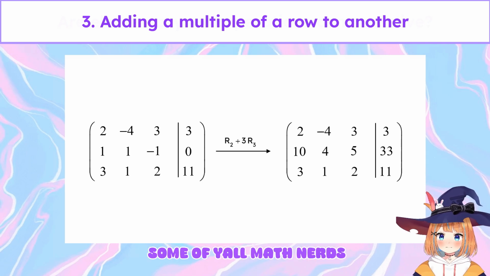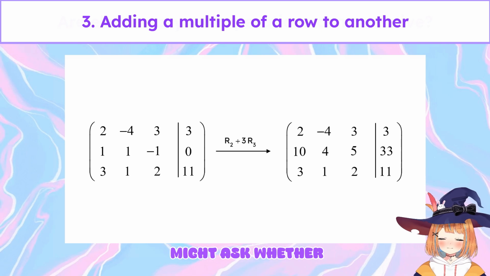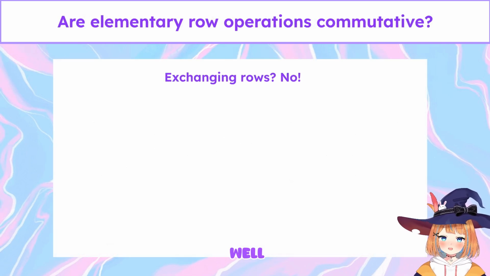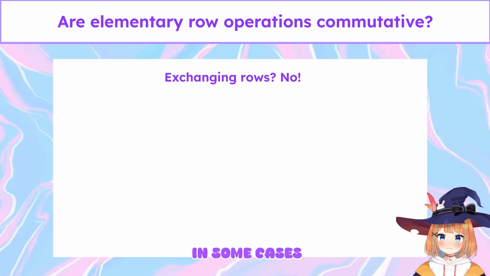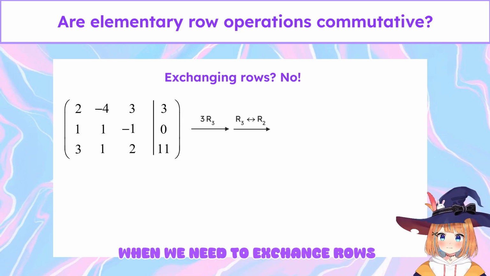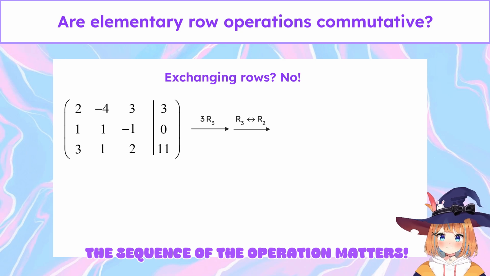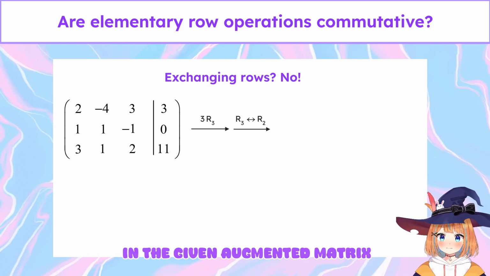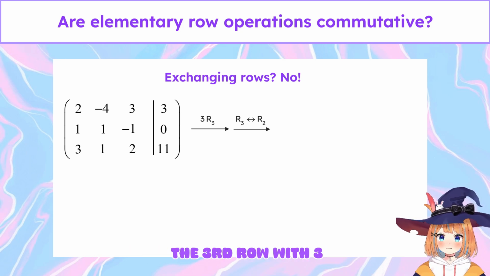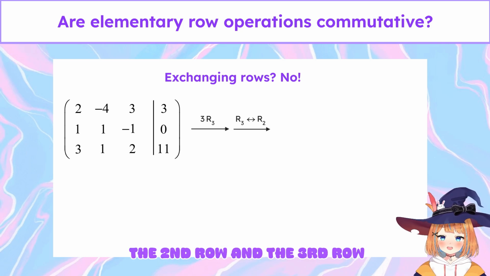Alright, some of y'all math nerds might ask whether elementary row operations are commutative. Well, it depends. In some cases, no. When we need to exchange rows, the sequence of the operation matters. In the given augmented matrix, we want to first multiply the third row with 3, and then exchange the second row and the third row.